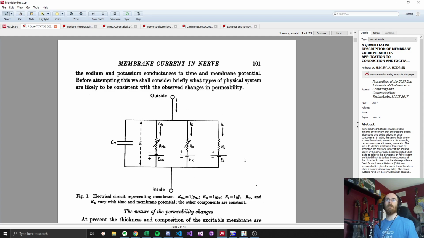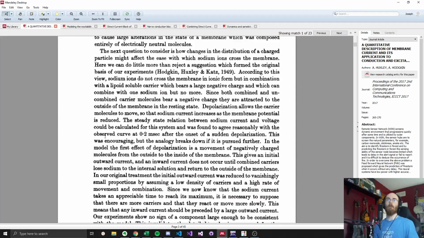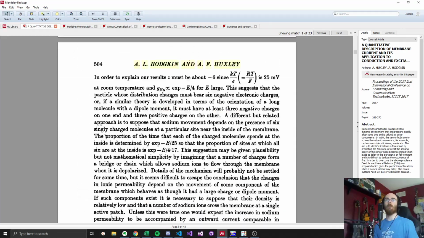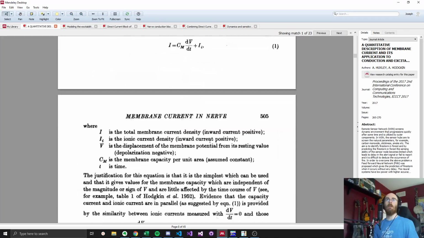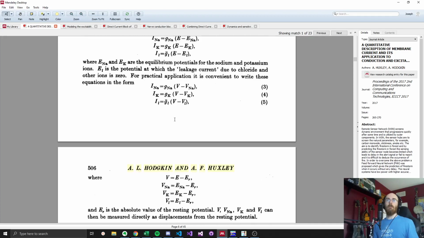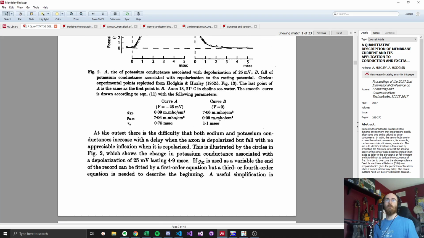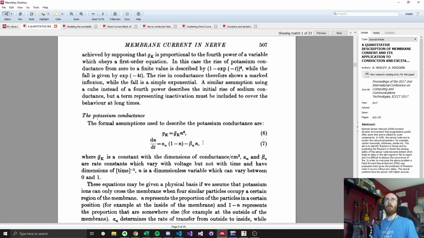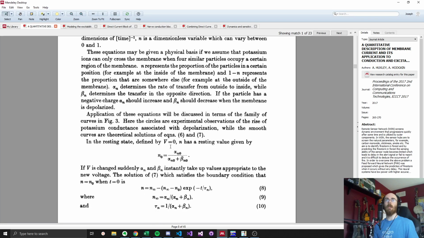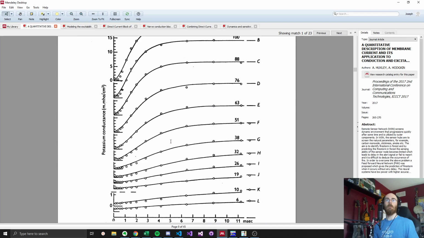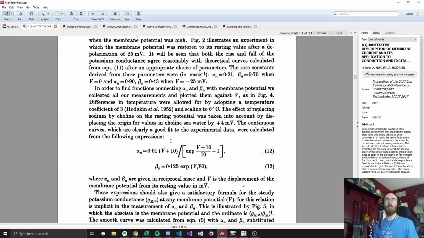But what does this give us? This gives us a circuit, and we can look through this paper and through all the differential equations that are listed, including the ones where we're calculating the voltages across things, as well as some of the equations for the gating variables. We have the potassium, and I'm assuming later on we have the sodium.